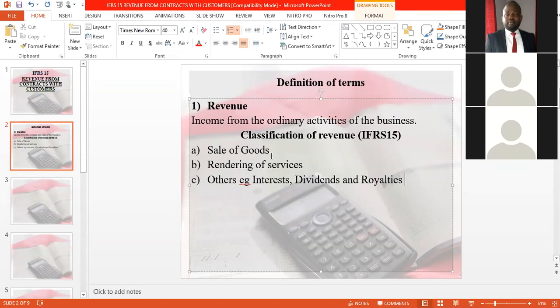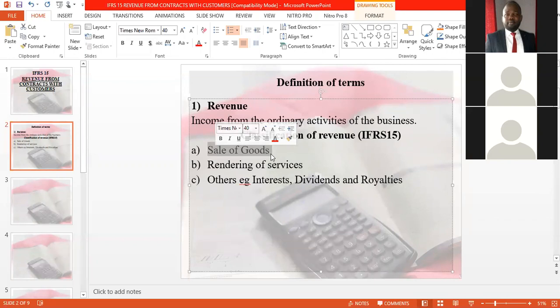Or let's talk of, you have constructed a road for the government. There is the amount you have spent to construct the road. But you also get into a contract with the government that apart from this construction of the road, I will also be maintaining the road for the next 5 years. So construction of the road, that is sale of goods.